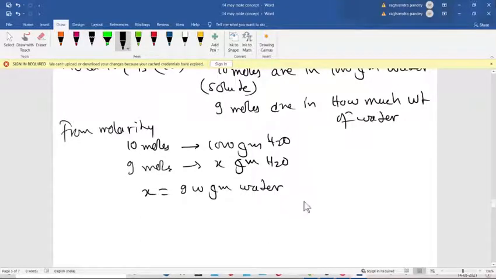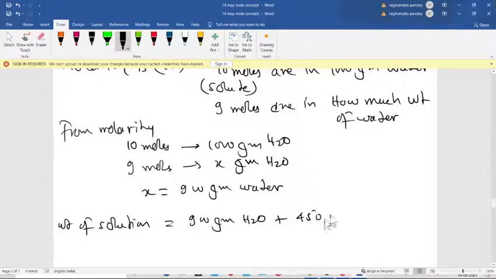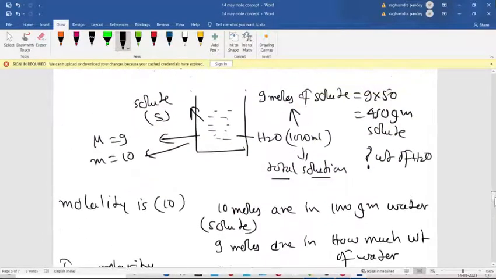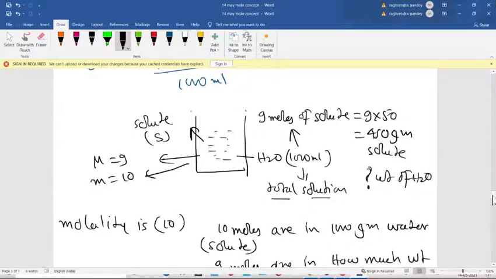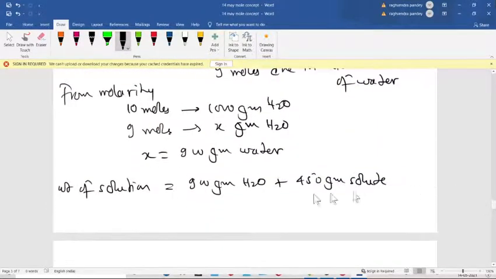Water. Now we can write, weight of solution is equal to 900 gram water plus 450 gram solute, which we already calculated. This is your weight of solution. Now this weight of solution will be 1350 gram.